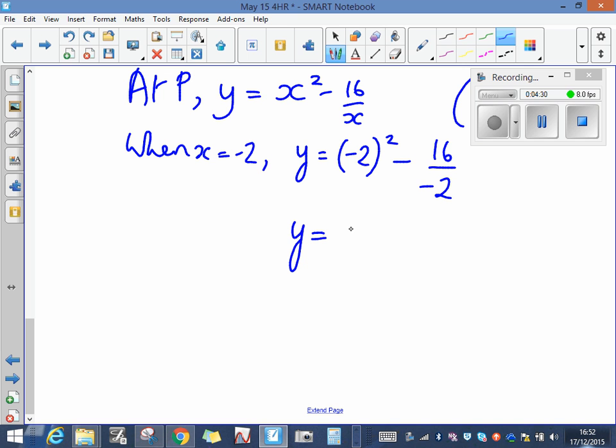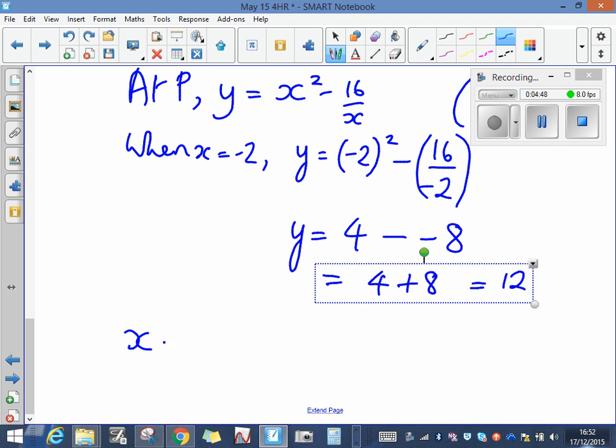Minus 2 squared is going to become positive, so it becomes 4 minus, now 16 divided by minus 2, if you put that in a bracket, is the same as minus 8. And 4 minus minus 8, well, that's the same as 4 plus 8, which is 12. So when x is minus 2, y is equal to 12, which means that the turning point is actually (minus 2, 12).